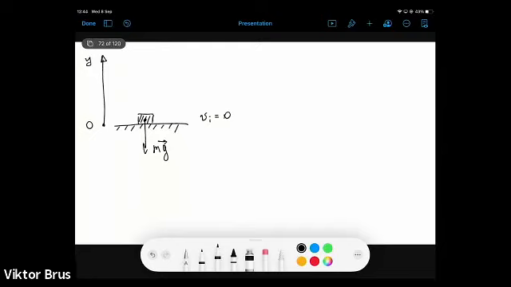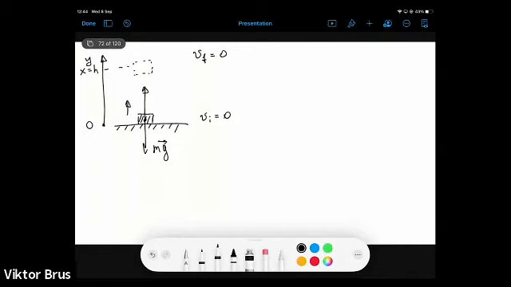Then we apply some force and move this body to a new position, which is defined by coordinate x equal to h. So it goes from 0 to h. And then we keep this body at this height. So v final is equal also to 0.